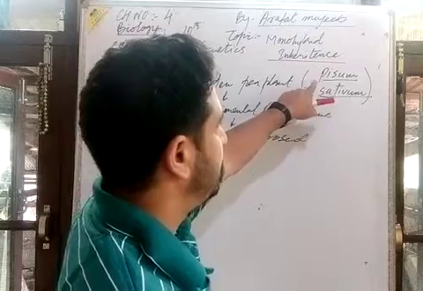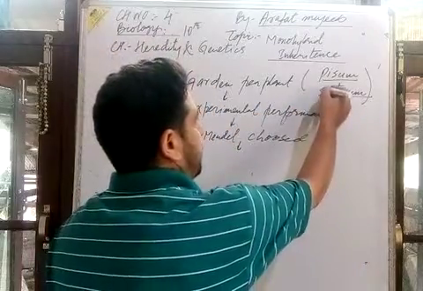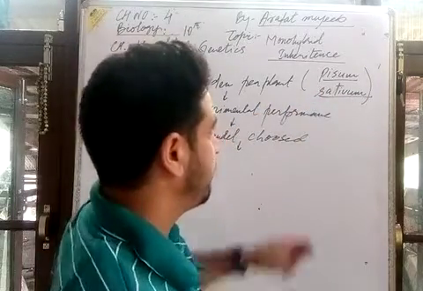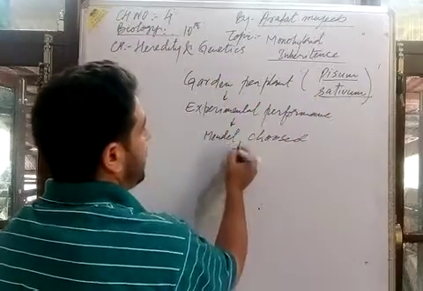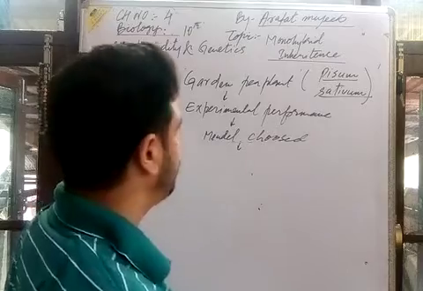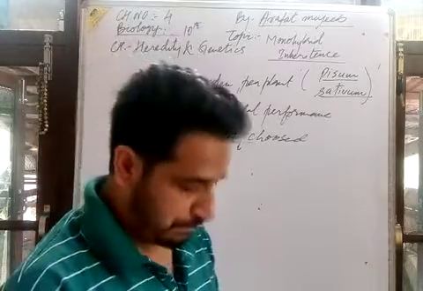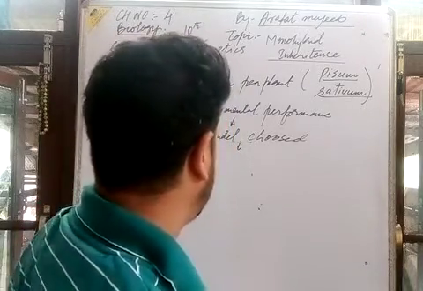The first one is the generic name, the second one is the specific name, that is Pisum sativum. This is the scientific name of the garden pea plant. Why did Mendel choose the garden pea plant in his experiment?